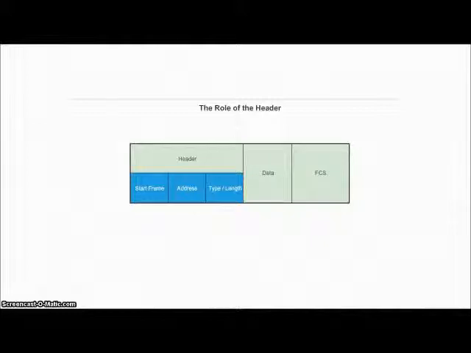So we have here a start frame field that indicates the beginning of the frame, the source and destination address fields, which indicate the source and destination nodes on the media, and the type field that indicates the upper layer service contained in the frame. However, different data link layer protocols may use different fields from those mentioned.